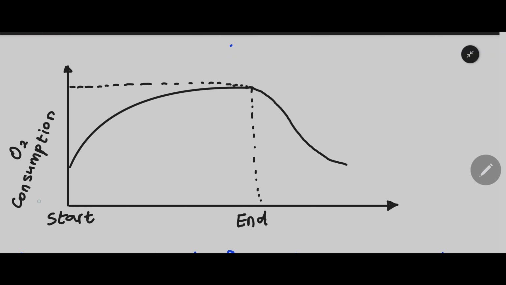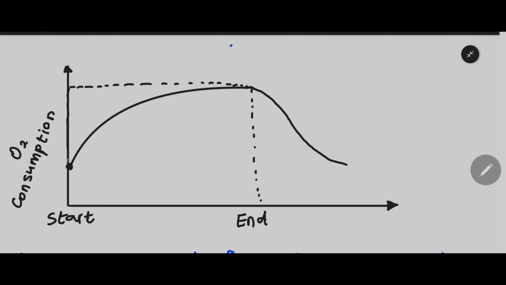So before you've even started exercising, you're consuming oxygen at a very low rate because you're in your resting state. And then we get to this point where you start exercising, and you start exercising intensely, anaerobically. Maybe you start sprinting uphill.